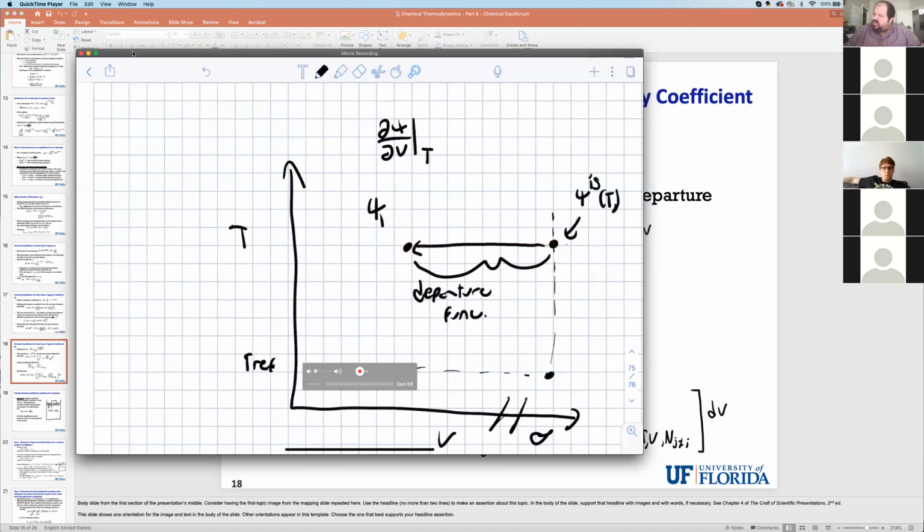And then we have composition to worry about, but we're assuming that composition is also fixed, except for maybe the one species that we care about. So if we wanted to find that length here, we would just integrate that up.